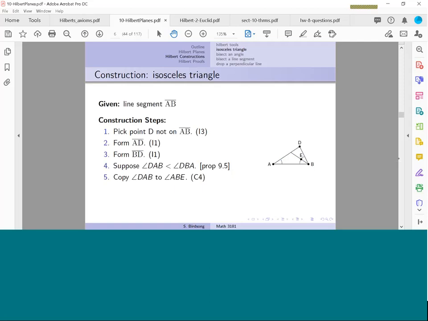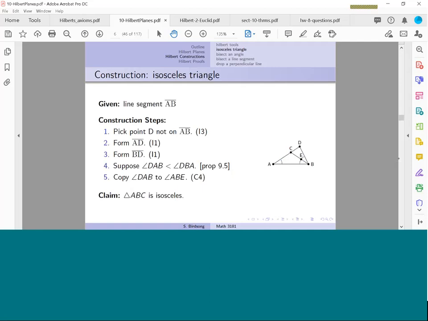Specifically, we're going to grab the intersection of that line and the side AD that we already have. And I am going to claim that the resulting point C gives us our isosceles triangle. I'm going to claim here that triangle ABC is actually isosceles.